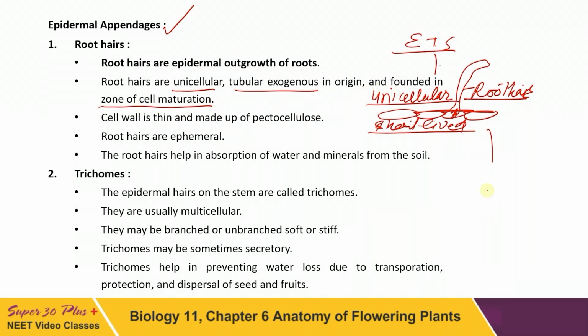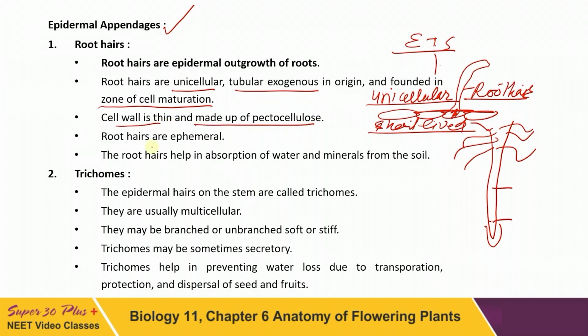You must be remembering, this is the root cap, this is the root apex, the zone of elongation, and this is called the root hair zone, in which we have root hairs. The cell wall is thin and made up of pectocellulose. Root hairs are ephemeral, meaning short-lived; new hairs will be formed. Root hairs help in absorption of water and minerals.